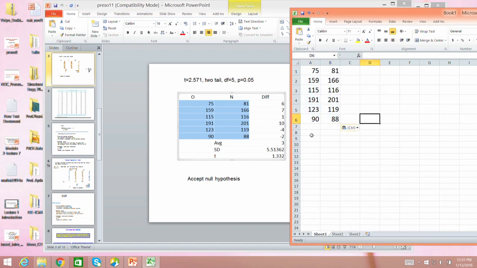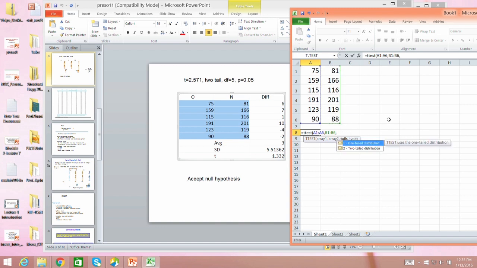okay. So, here we do array 1 comma array 2 comma I want to see difference, okay. So, it is a 2 tail test comma, so it is not a, oh sorry, it is a paired t test.